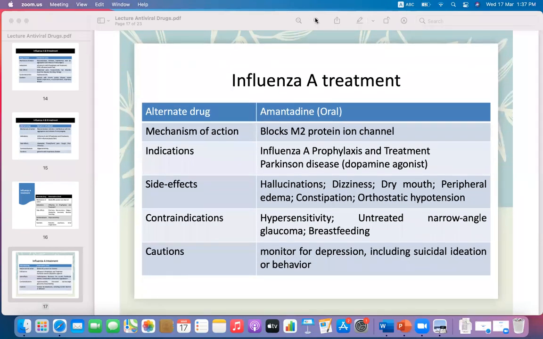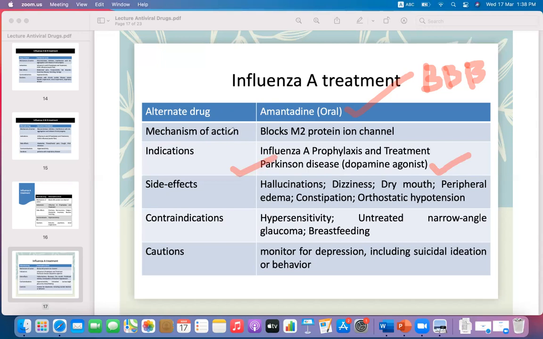Amantadine crosses the blood-brain barrier, and that's why it causes dopamine agonist activity and is useful in the management of Parkinson's disease.